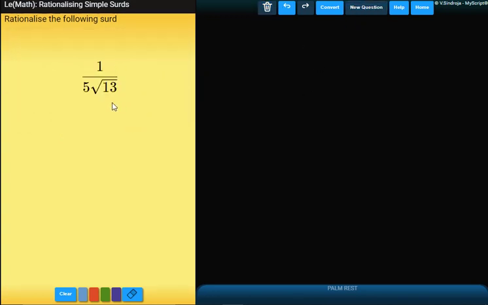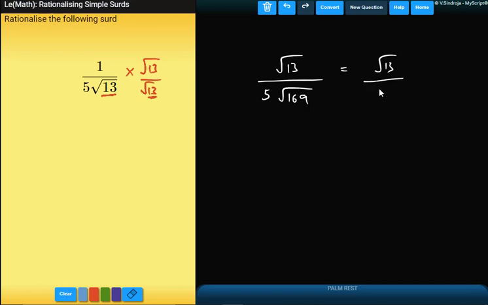So here, for example, the trick is to just multiply top and bottom by root 13, because that's the surd on the bottom. Root 13 times 1 is root 13, but on the bottom I'll have 5 times root 13 times root 13, which is the square root of 169, which is 13.